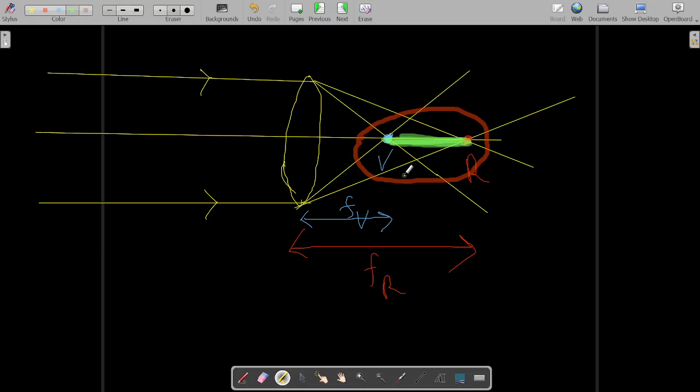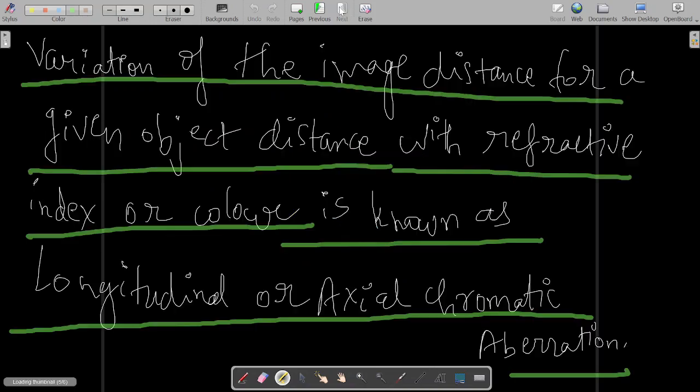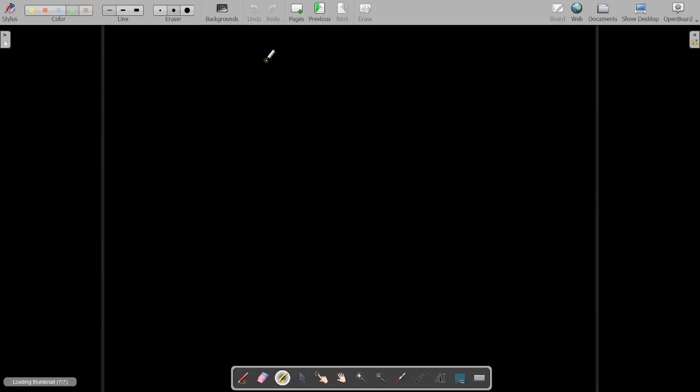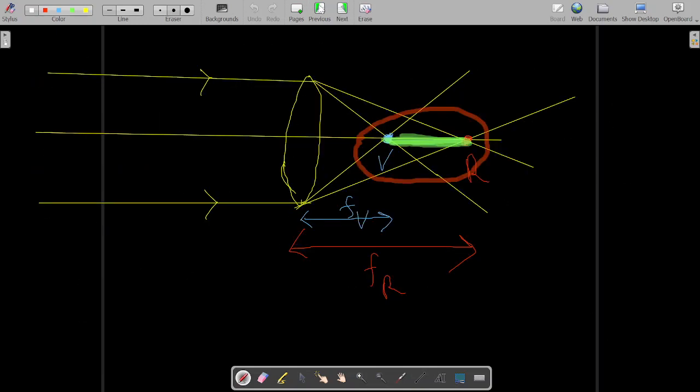Okay, now let us write over here. Axial chromatic aberration is given by what? Your linear chromatic aberration, longitudinal chromatic aberration, LCA, is equal to... Now this is longitudinal chromatic aberration.